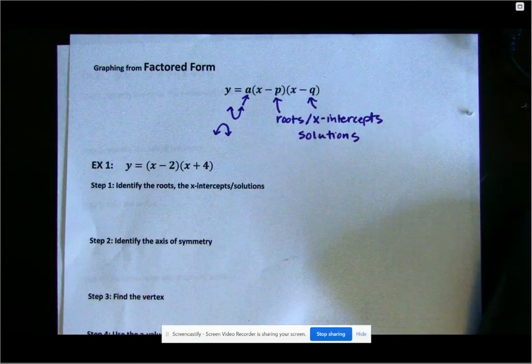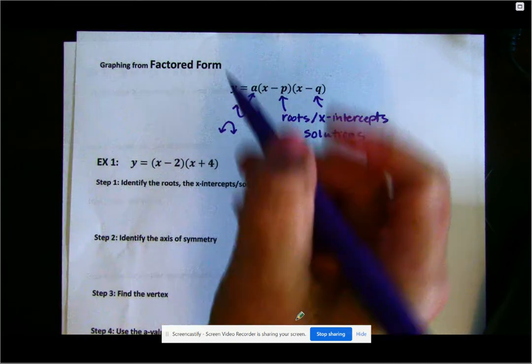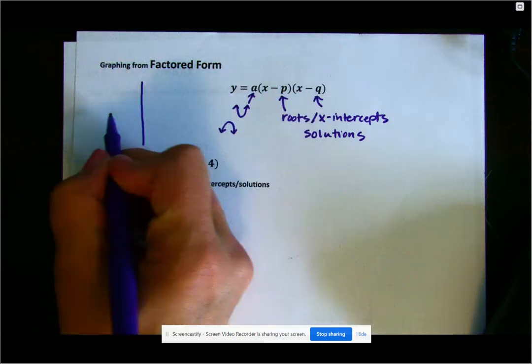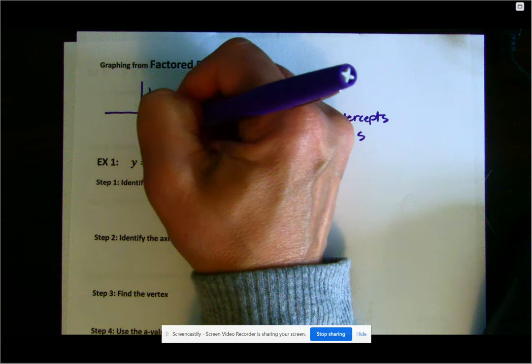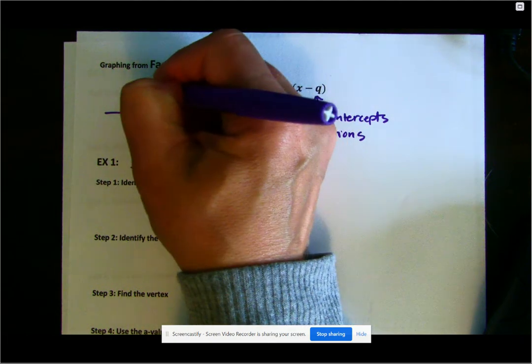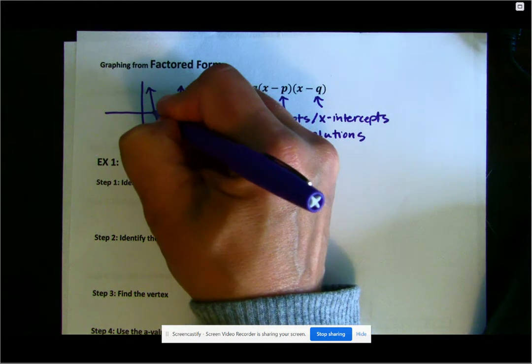As you know, a quadratic function, when you graph it, makes a U-shaped parabola. So the roots or the x-intercepts, typically you're going to have it cross twice, and these two numbers here are these values here.